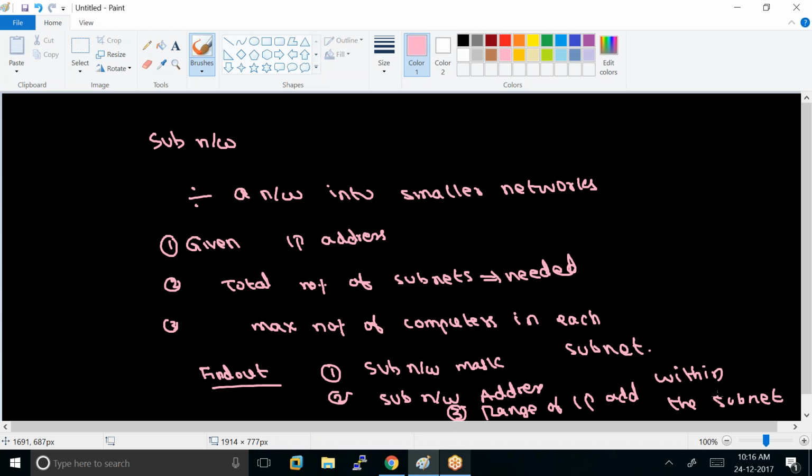So these are all the three things that you need to find out. Please make a note. Now we are going to discuss how to find out the subnet mask, then how to find out the subnet address for each and every subnet, and what is the range of IP addresses that is permitted. This is very essential for our discussion.